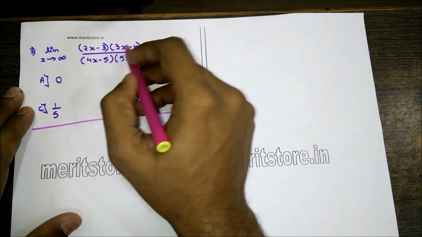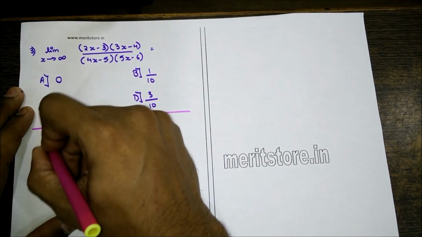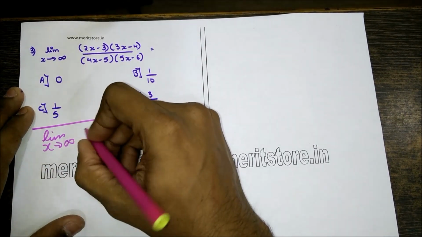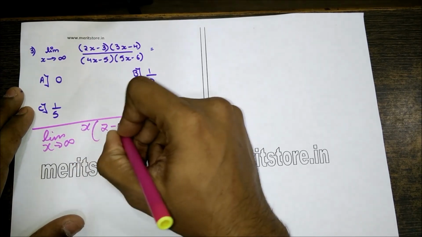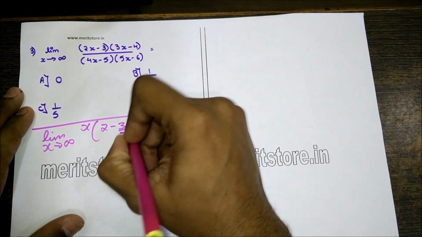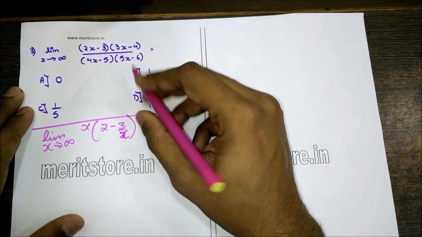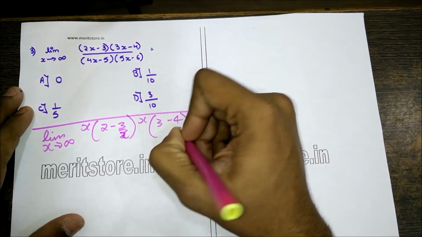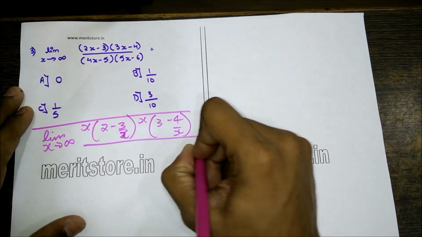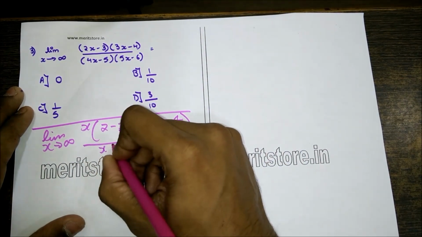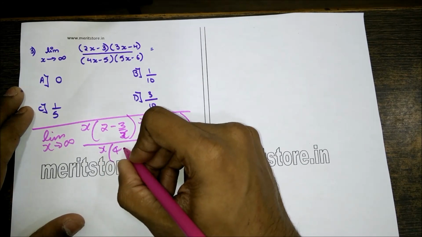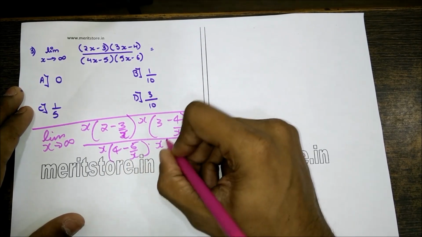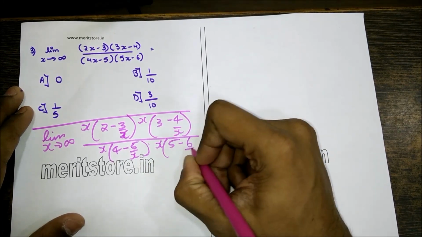So first we could arrange the numerator by taking x common, we get x into (2 minus 3 by x), and here also we take x common, (3 minus 4 by x) upon x into (4 minus 5 by x) into x into (5 minus 6 by x).